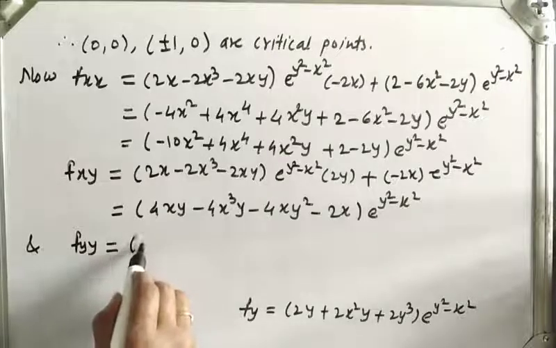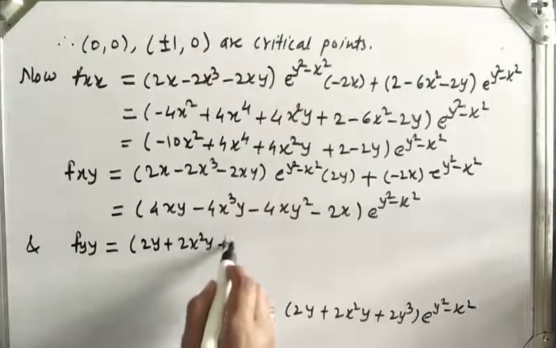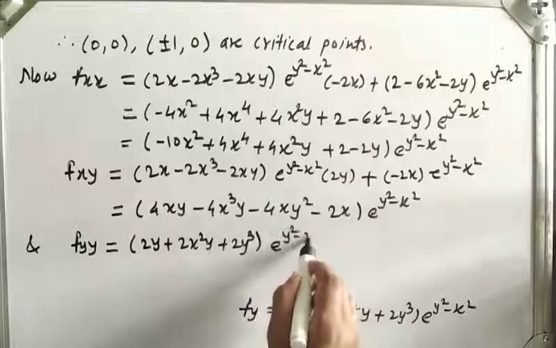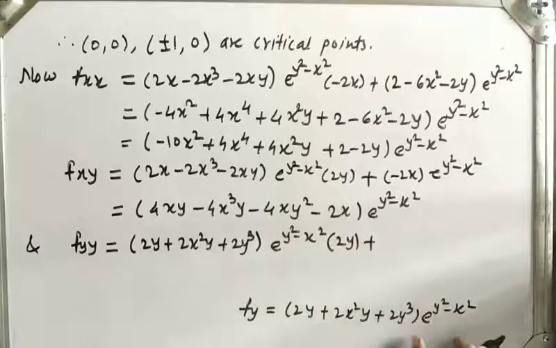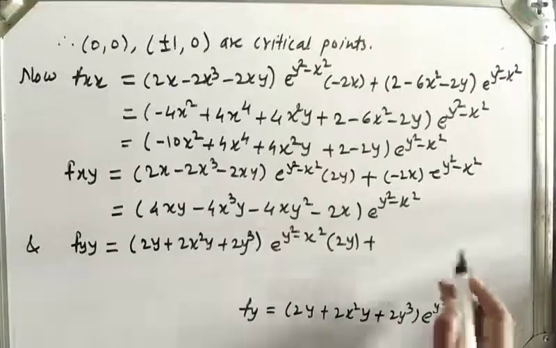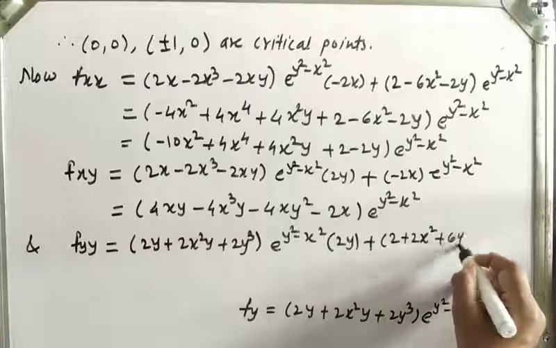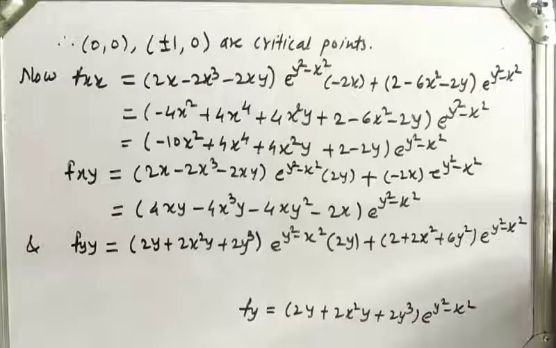Keep the first bracket as it is, times the derivative of the second with respect to y, plus keep the second as it is, times the derivative of the first with respect to y, which will be (2 + 2x² + 6y²) e^(y² − x²).